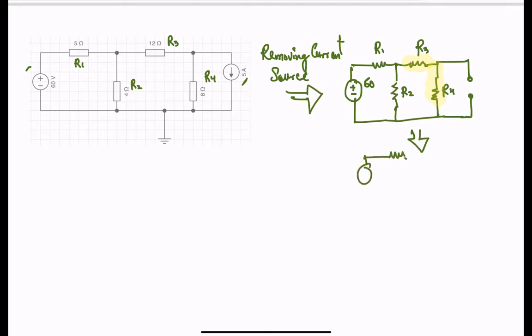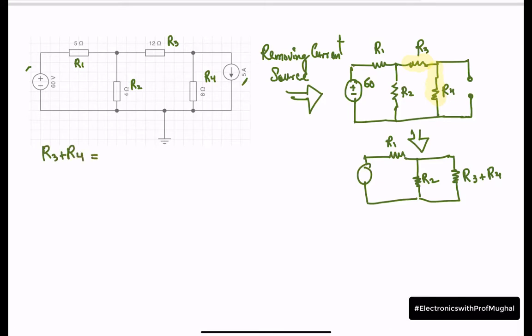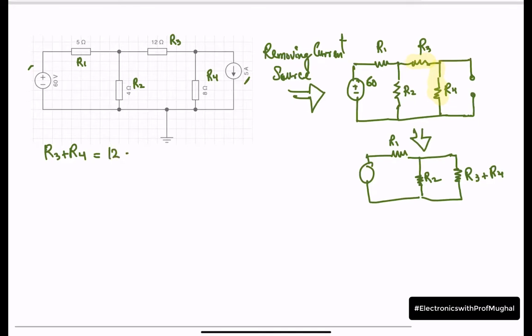You have R1 here, R2 over here, and R3 and R4 will add up. So I get R3 plus R4 here. R3 is 12 ohms, R4 is 8 ohms. So I get 20 ohms over here.